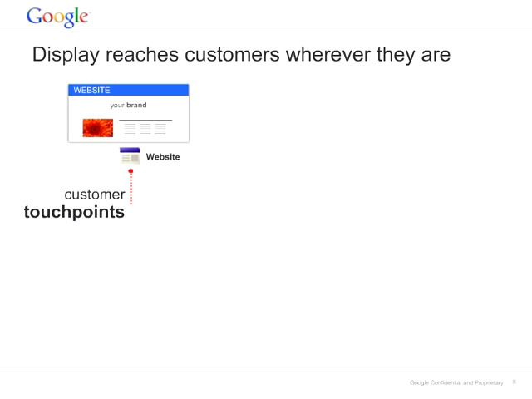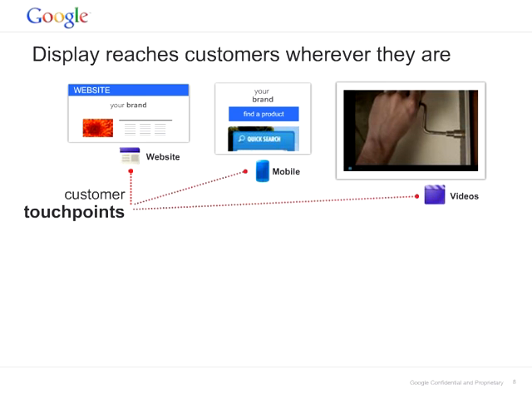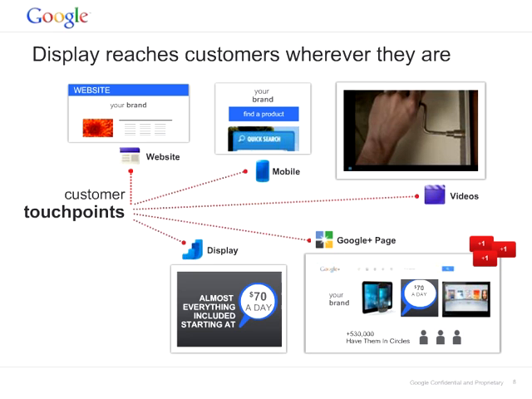They help you drive customers to your website, reach them on their mobile devices, engage them with video, connect with them on social media, and reinforce your brand message across the entire web. Display helps you do all of these things on its own. What's exciting is that display advertising also serves as an excellent complement to your search campaign.